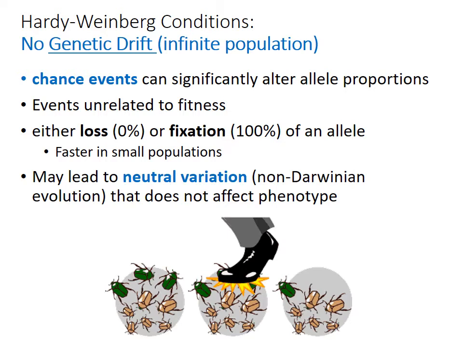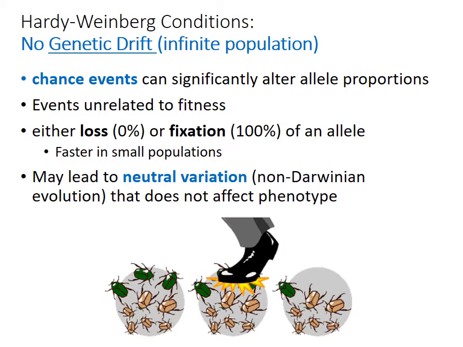This could lead to either a loss or fixation of an allele, and this is more likely to occur in small populations, and it will occur faster in small populations because there are fewer alleles overall to work with. This can also lead to neutral variation, so it could lead to variation that does not affect the phenotype or would not be adaptive.